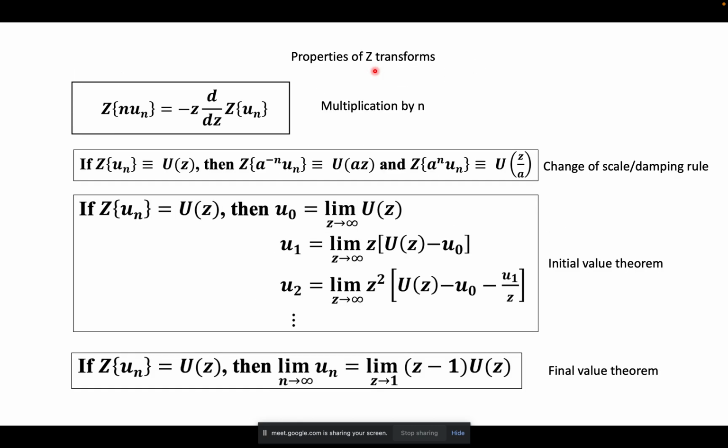Now if we revisit the second property, if you know the z transform of the sequence u(n), then you can directly calculate the z transform of a^n u(n) by replacing z with z/a, right?